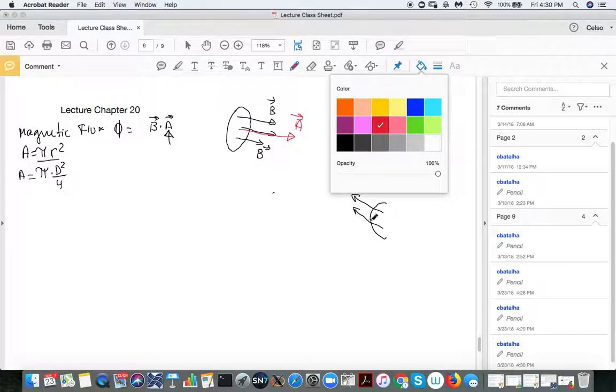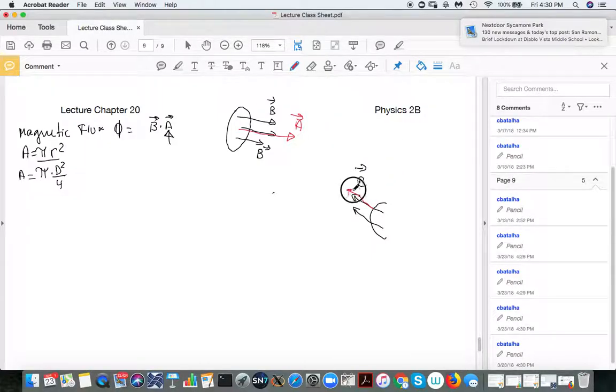Well, the vector area is always perpendicular to the surface, and that would be here. If this is the center of the sphere, then the vector area at this point goes like that.